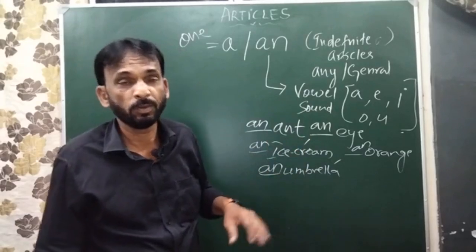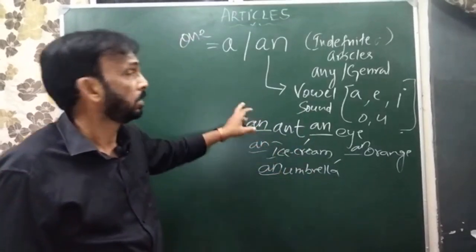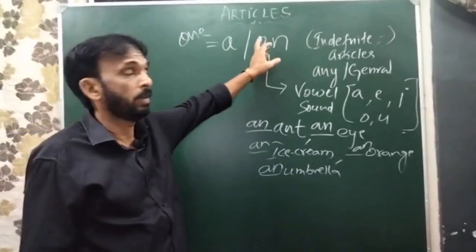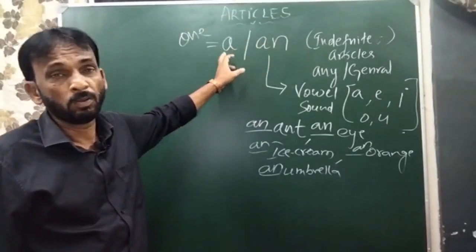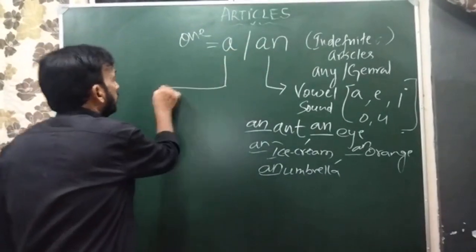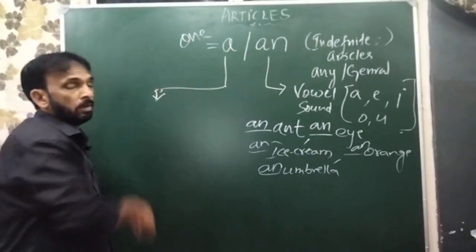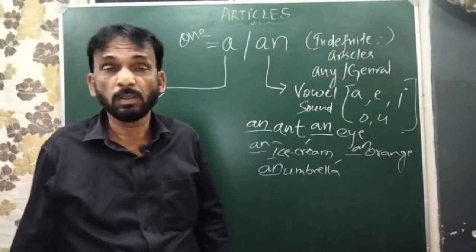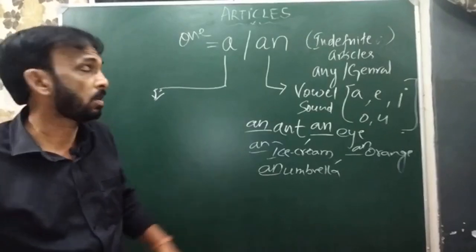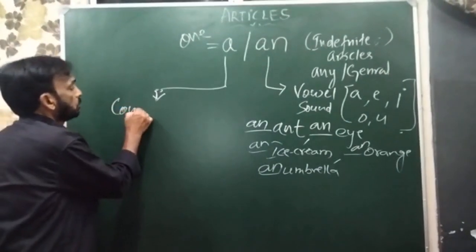I will explain that later in this video. Now you have learned when to use an. Now we are going to learn when to use a: we use a with singular countable nouns which start with consonant sounds.